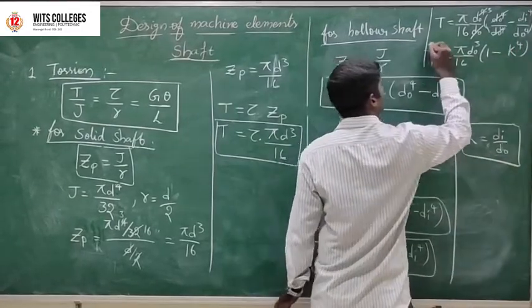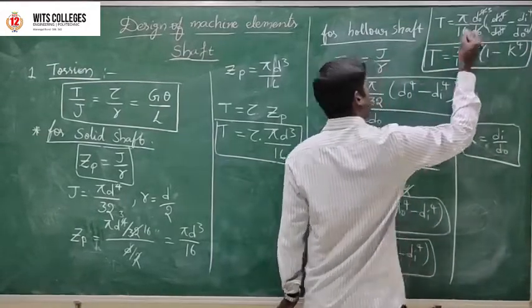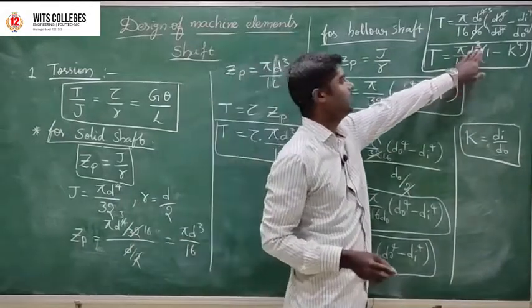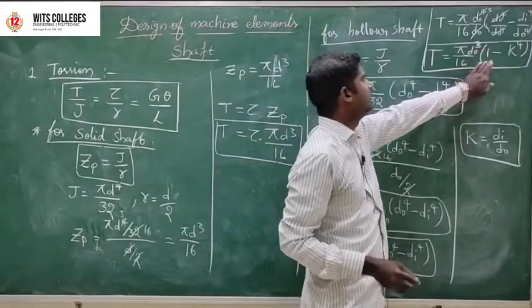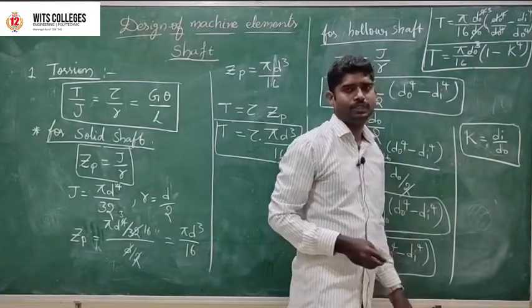This is the hollow shaft equation: torque is equal to tau into pi D naught cube by 16 into 1 minus K power of 4.